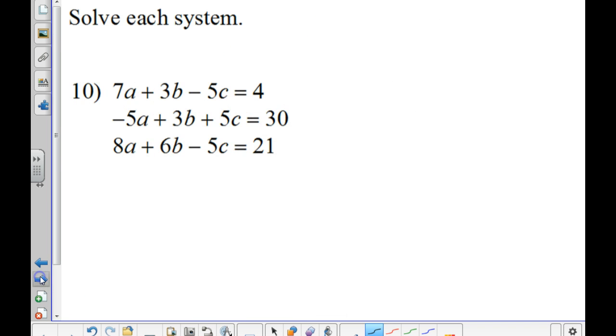All right. How about if you try this one and see how far you get? I think I'd go with C. Add these two and add these two.